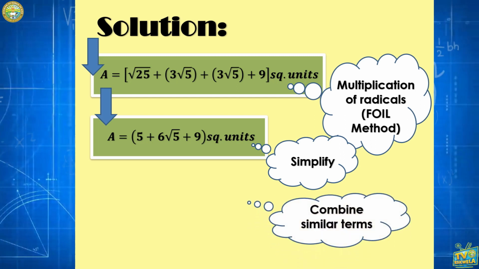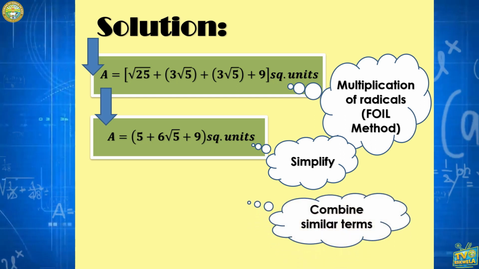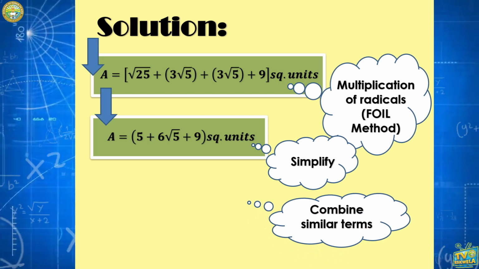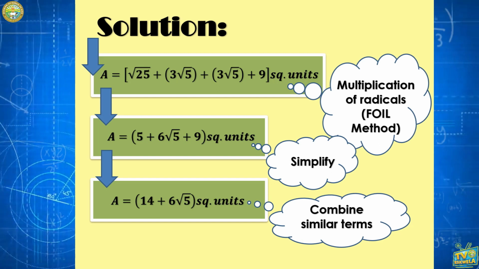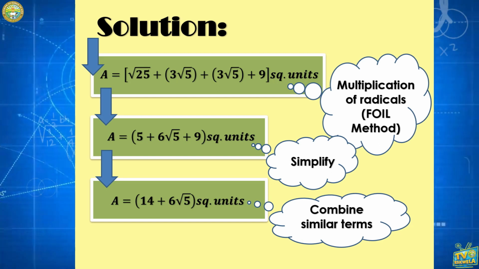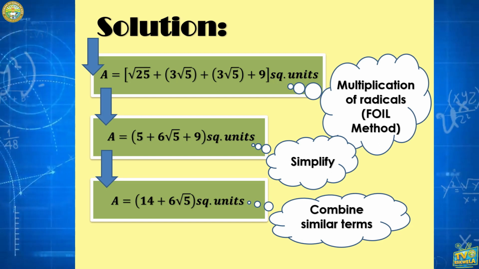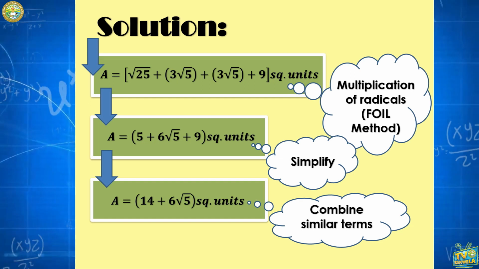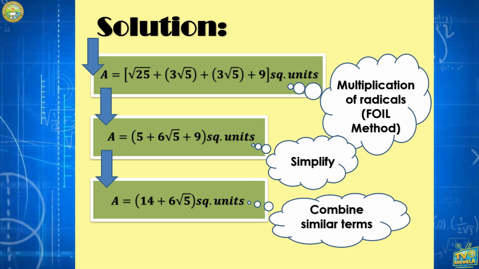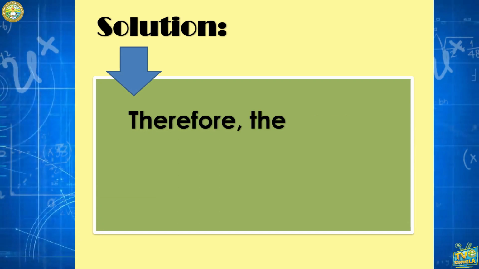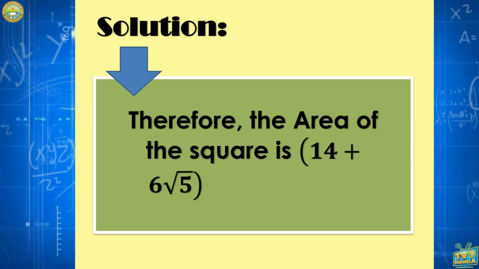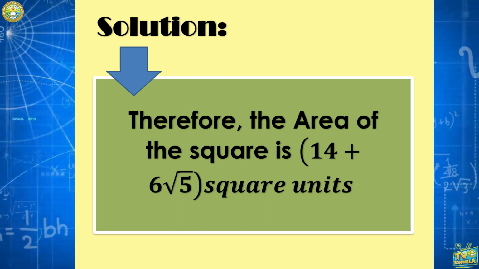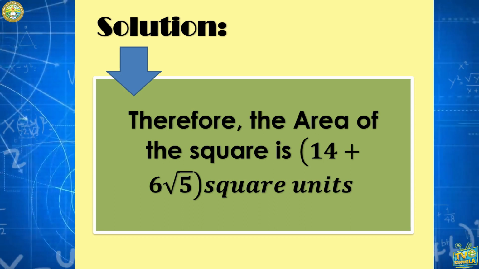Then, combine like terms. The resulting equation is A equals 14 plus 6 square root of 5 square units. Therefore, the area of the square is 14 plus 6 square root of 5 square units.